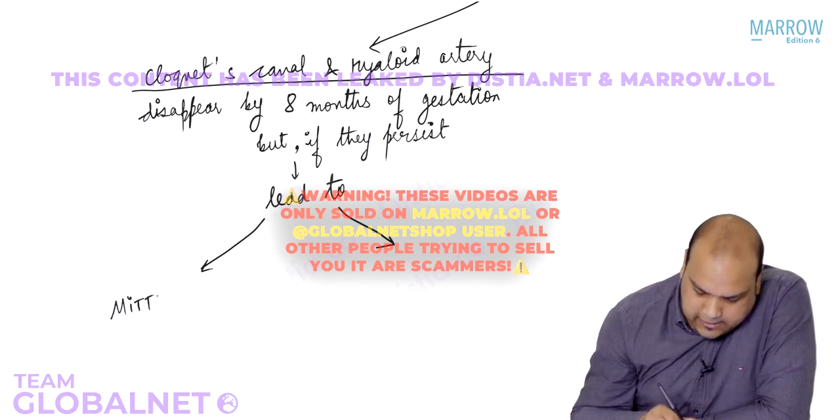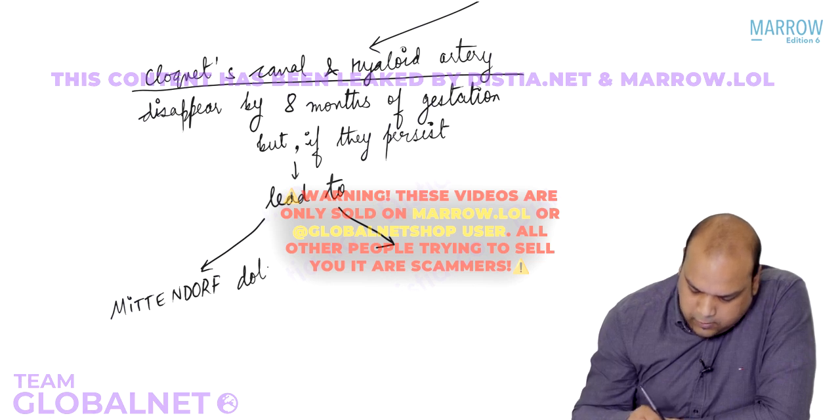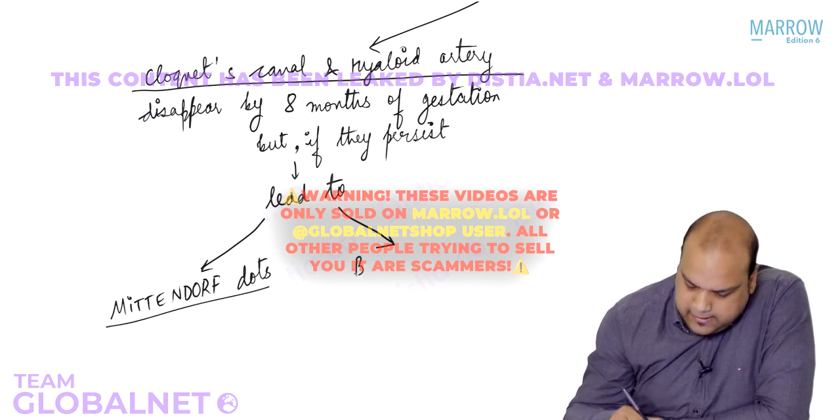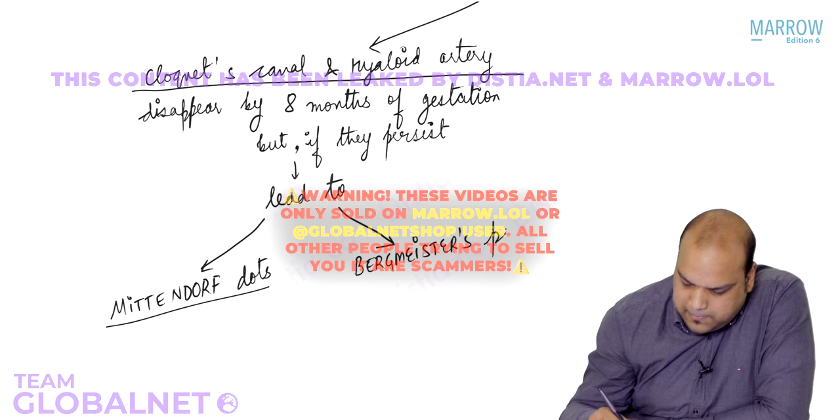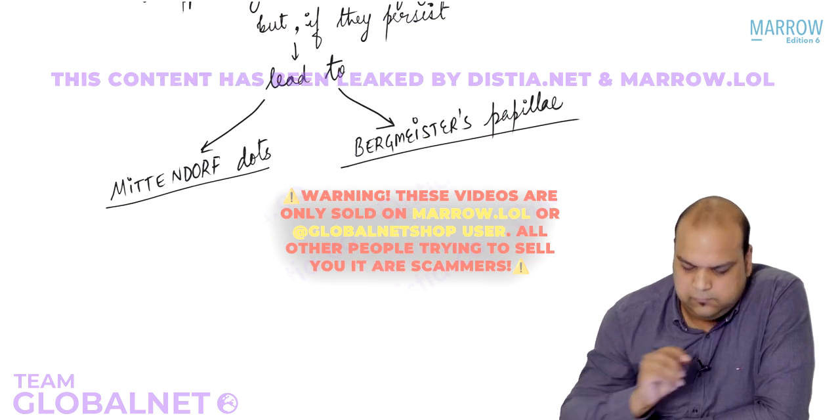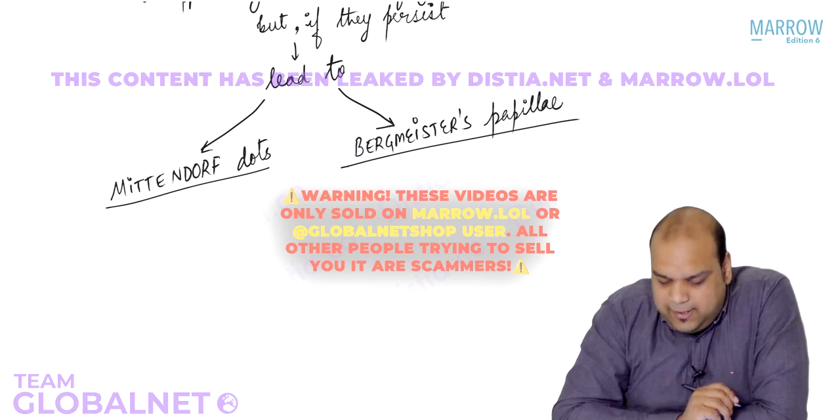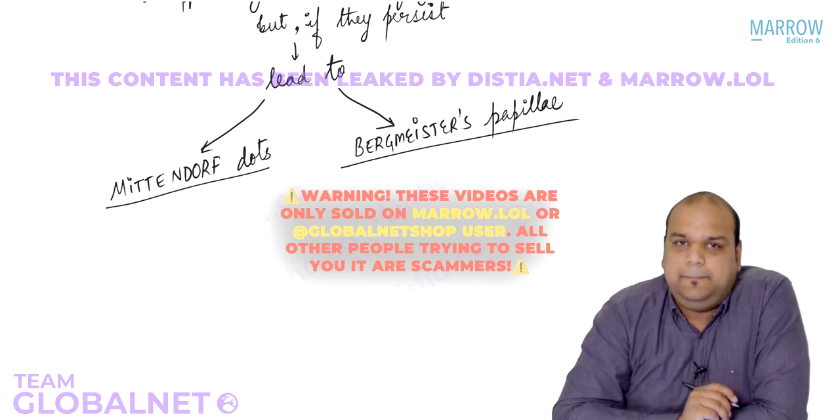The first congenital abnormality is known as Mittendorf dot, and the second abnormality is called Bergmeister's papilla. Mittendorf dot and Bergmeister's papilla.